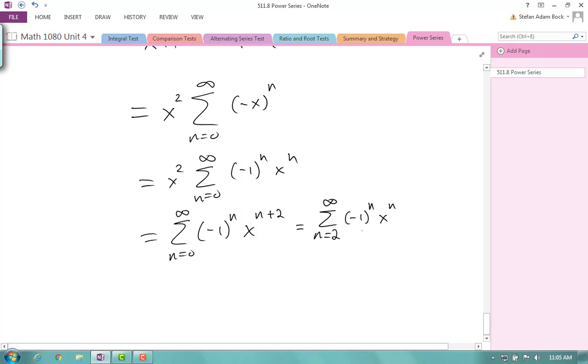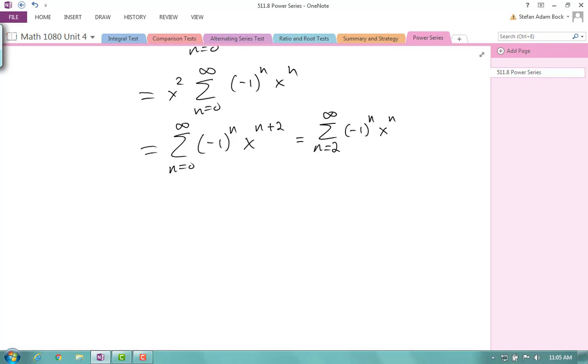Versus here on the right, I started my series at n equals 2, I went up to infinity, and so my first term is an x squared with a negative 1 squared, which is again positive. Adding and subtracting 2 doesn't change whether or not this exponent is even. So this is technically the same power series, we just wrote it a little bit different.